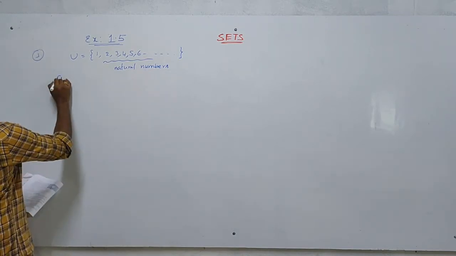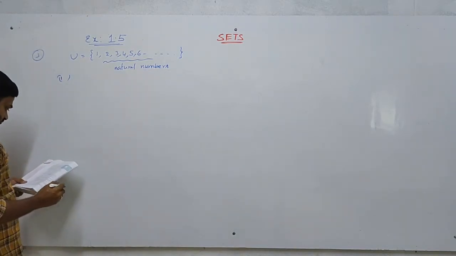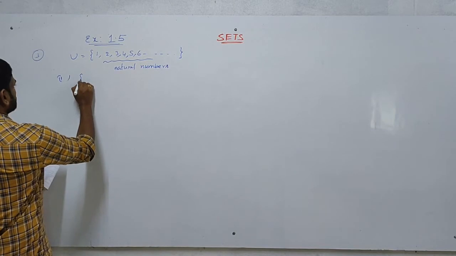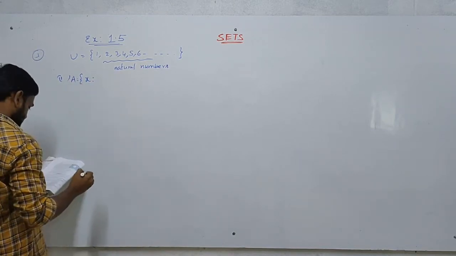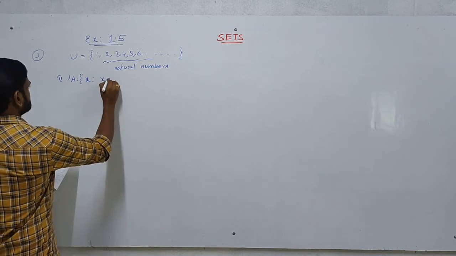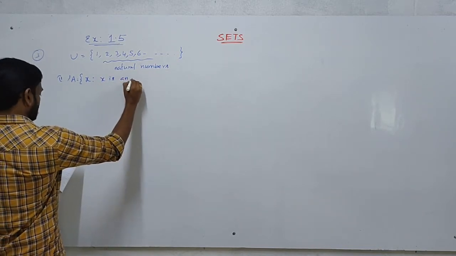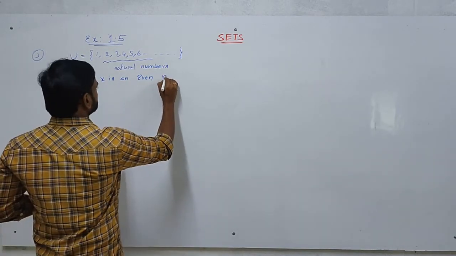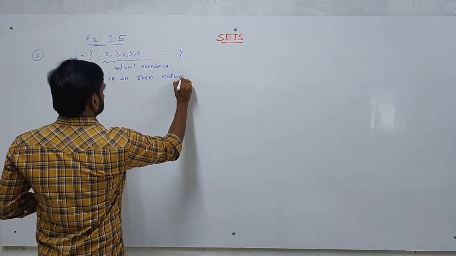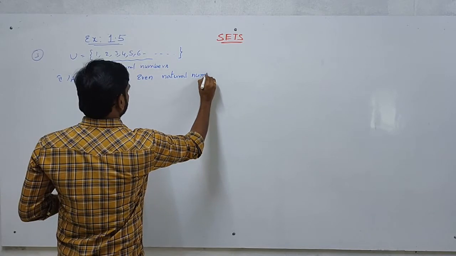Now, write down the complements of the following sets. So, first column is, I am taking capital A, X such that X is an even natural number.